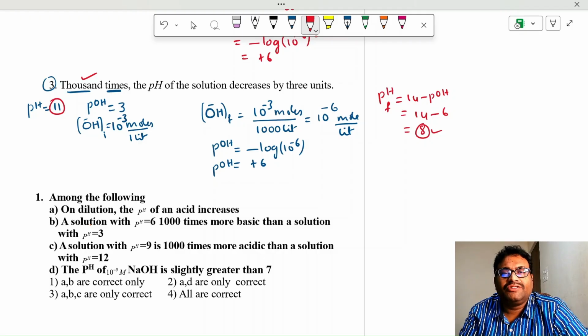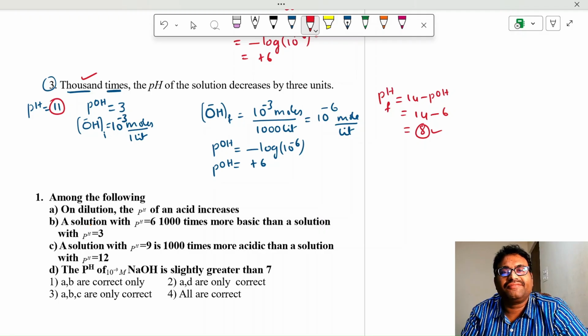Understood? So in the case of a basic solution, if you dilute the solution by 10 times, the pH decreases by 1 unit. If you dilute the solution by 100 times, the pH decreases by 2 units. And if you dilute the solution by 1000 times, the pH decreases by 3 units.